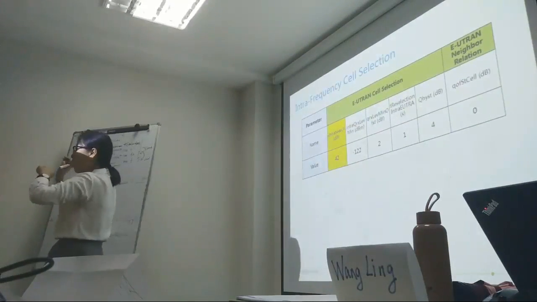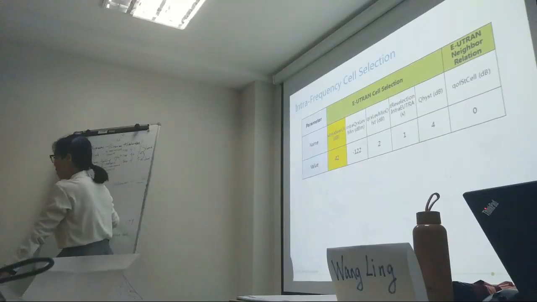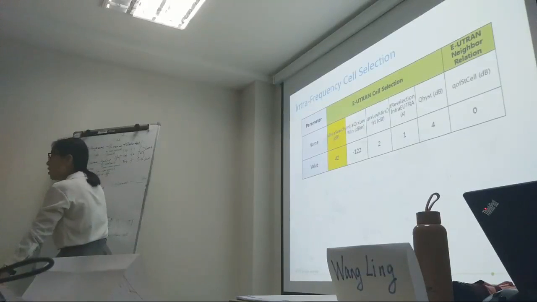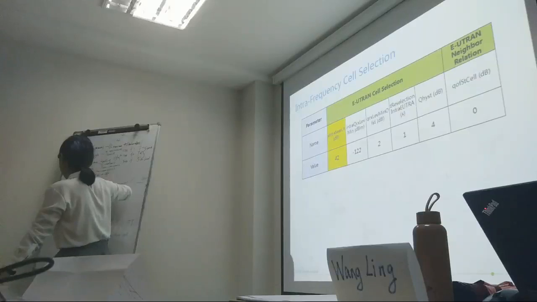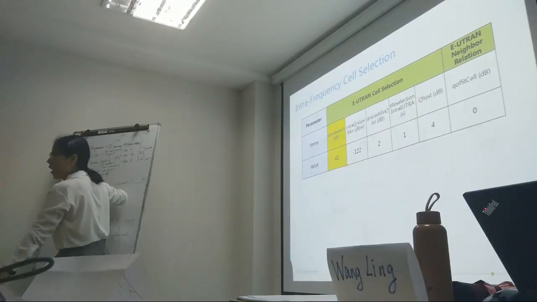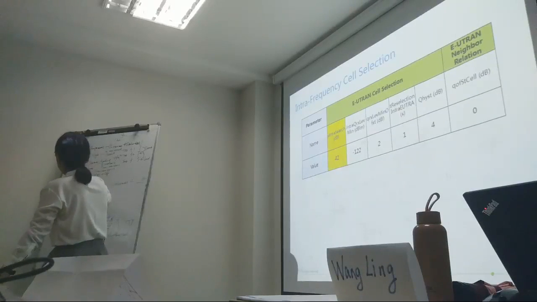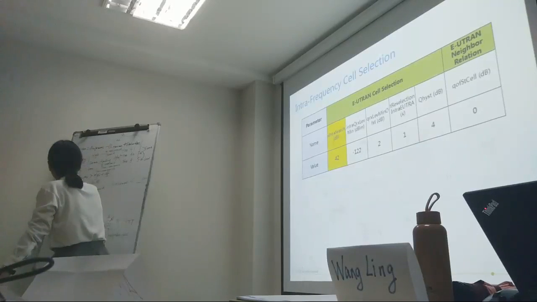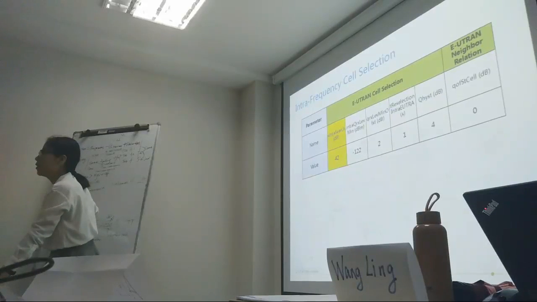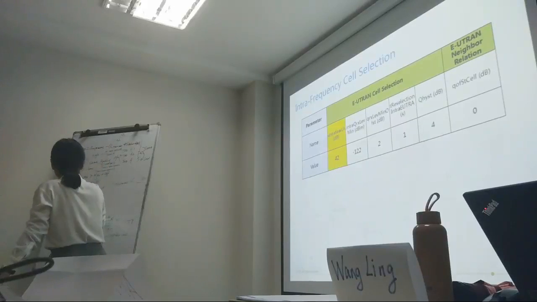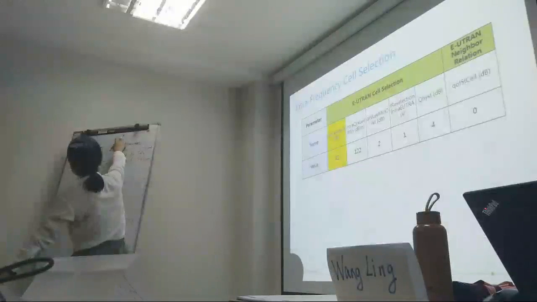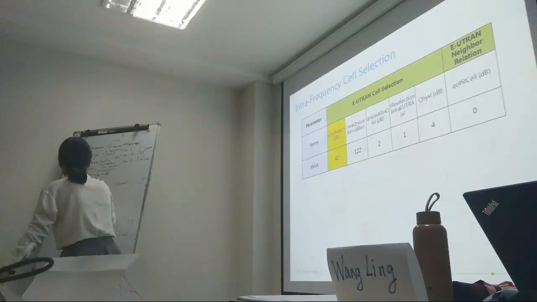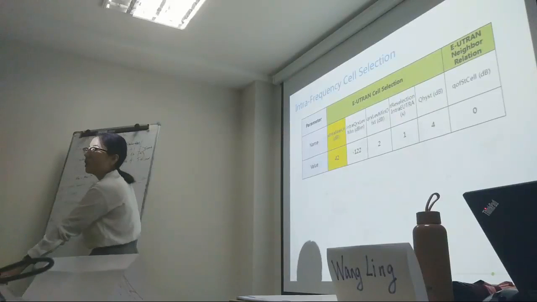Okay, I have you change it. So the received should be less than this value. This is a threshold, yes? So the received equals this one. The received is the RSRP minus this value. This value is minus 120.